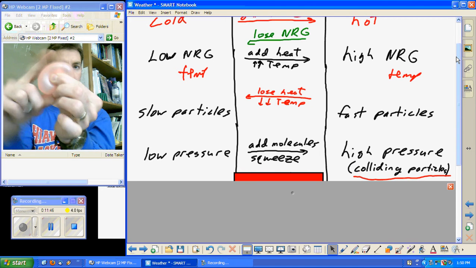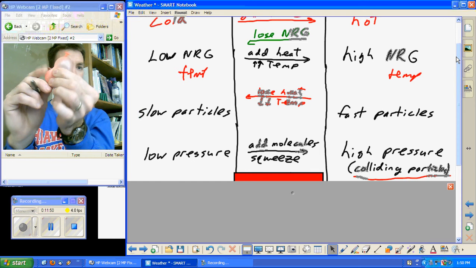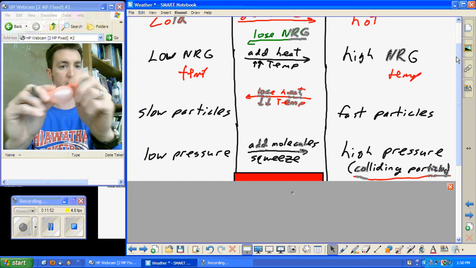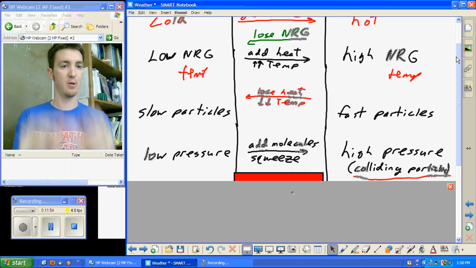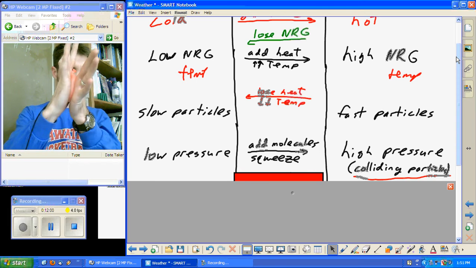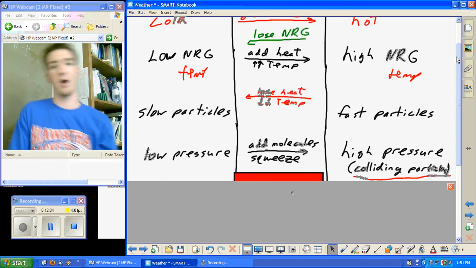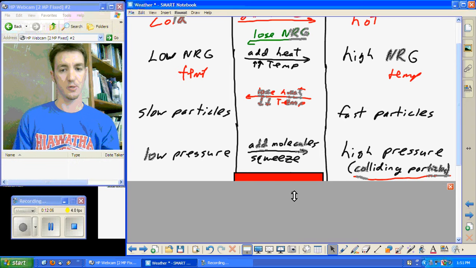Now that moves it around all over, so a balloon may not be the best thing to show it. Maybe if we had something that didn't let some of the things escape. So if we had a more solid container where we push it down, and it isn't able to kind of change its shape. But adding more molecules or squeezing increases the pressure.